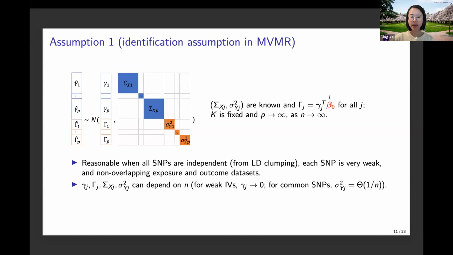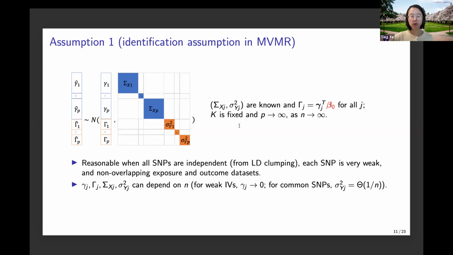And from the IV framework that we talked about, we will inherit this linear relationship assumption, where the genetic variant on the outcome has this linear relationship with the genetic variant on the exposure. And this is our key in the identification of beta 0.